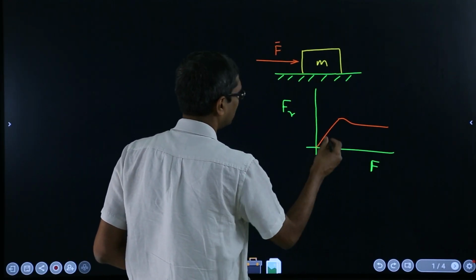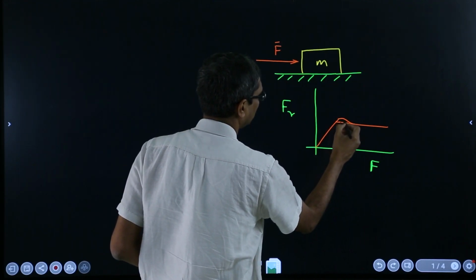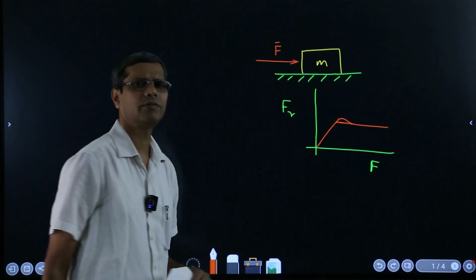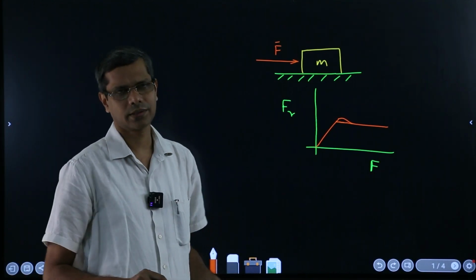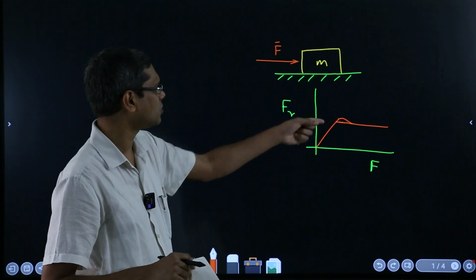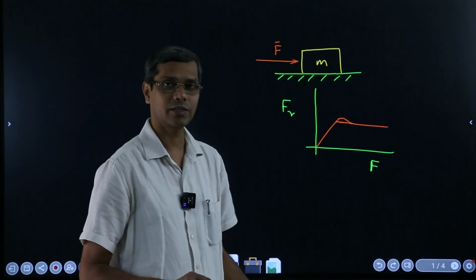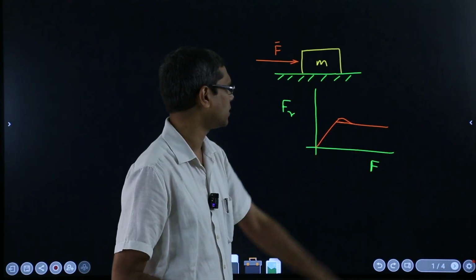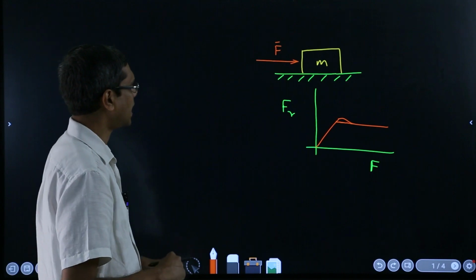For all practical purposes, almost every time we will assume it like this. This kink we will not be so bothered about, but in some cases if it is explicitly mentioned, you have to think about it. Otherwise, if nothing is mentioned, you should assume that this is the way friction acts.